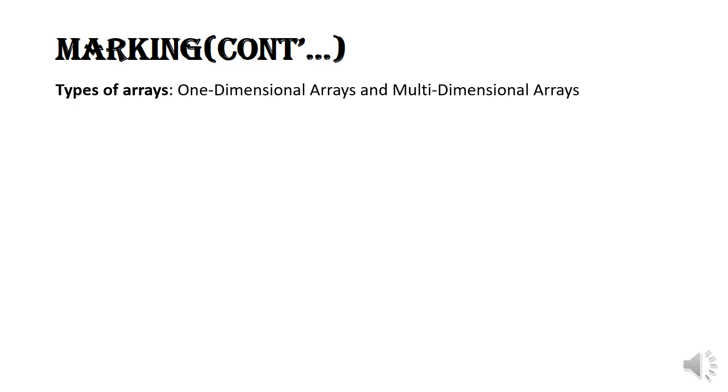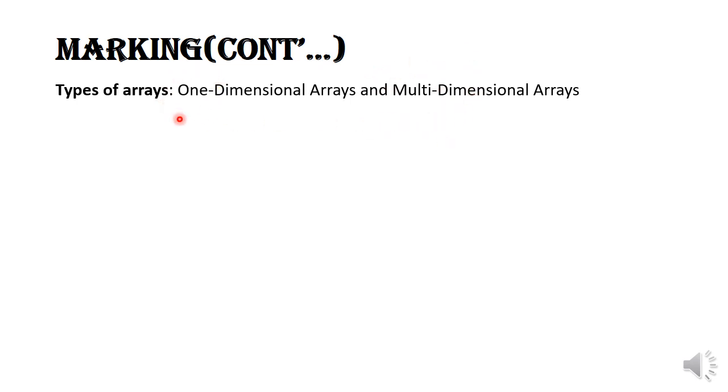Types of arrays. By referring to what we call array dimension, we can classify arrays into two main categories. We have single or monodimensional arrays, and we also have multidimensional arrays.